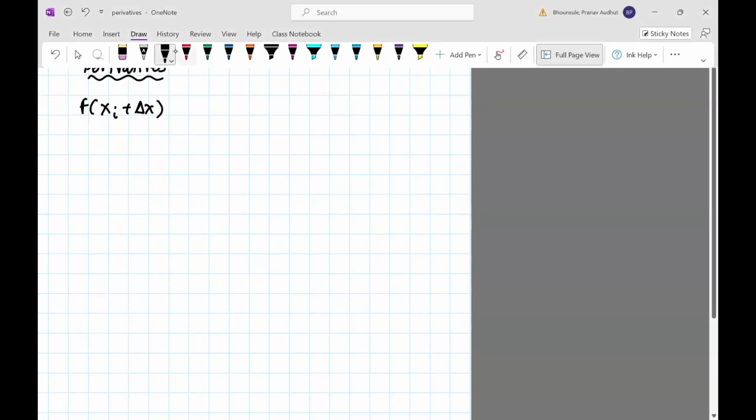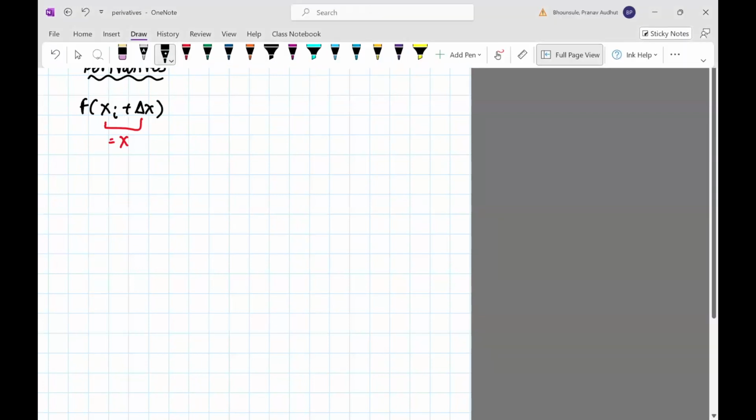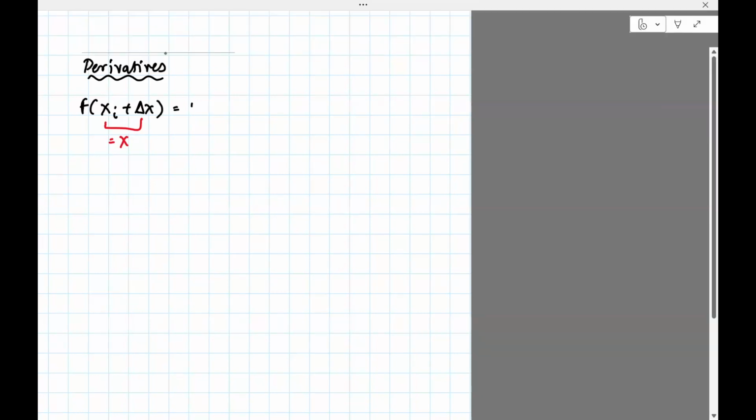This is the same as x, just that it's a series expansion. So it's a value of x in a small neighborhood near x i, where delta x is a small value. So we can do a Taylor series expansion of this.